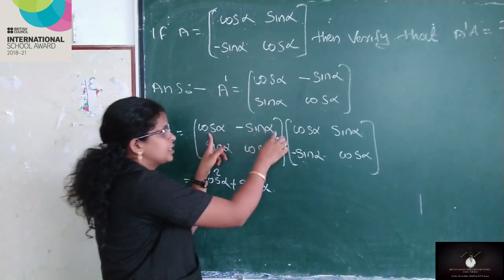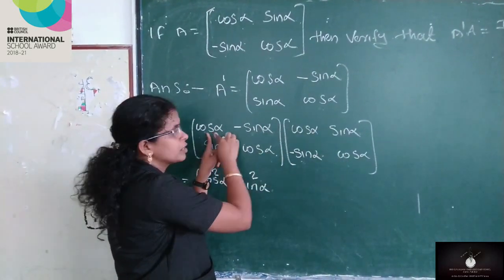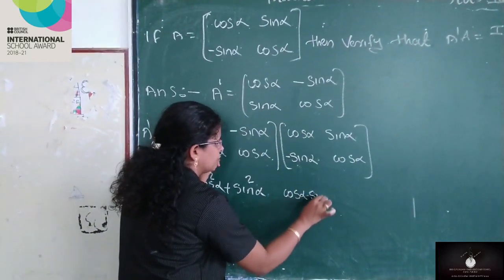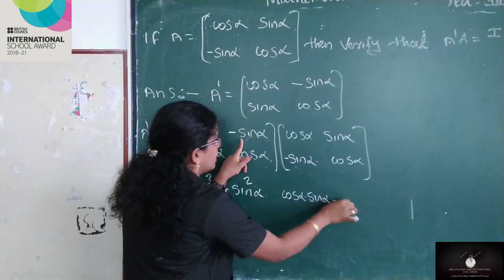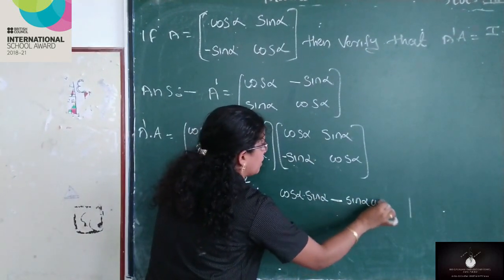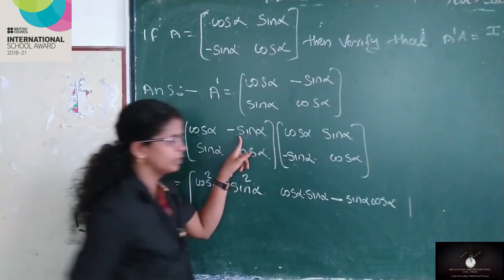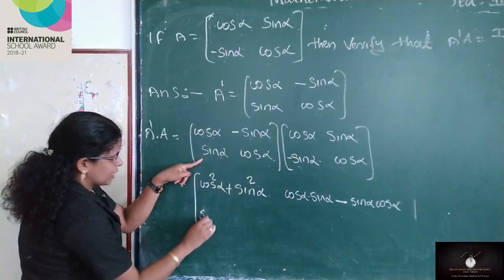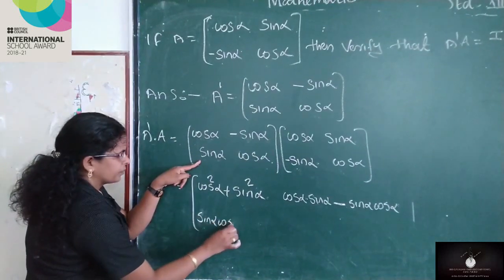Okay. Same way, first row into second column. Cos alpha into sin alpha, that means cos alpha sin alpha. Minus sin alpha into cos alpha, sin alpha cos alpha. Okay. In second row, sin alpha into cos alpha, that means sin alpha cos alpha.